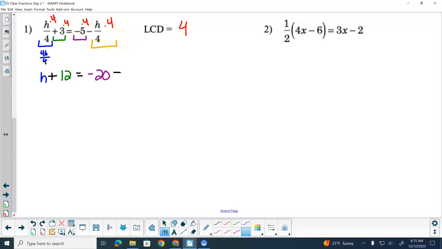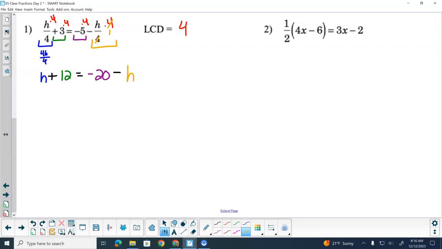Do the same one, but do it a different way. My red 4 divided by 4 is just going to be 1 times H. H. Okay, so that's the two different ways that we can do that. We can either do the division first and then multiply, or we can multiply and then reduce our fraction.